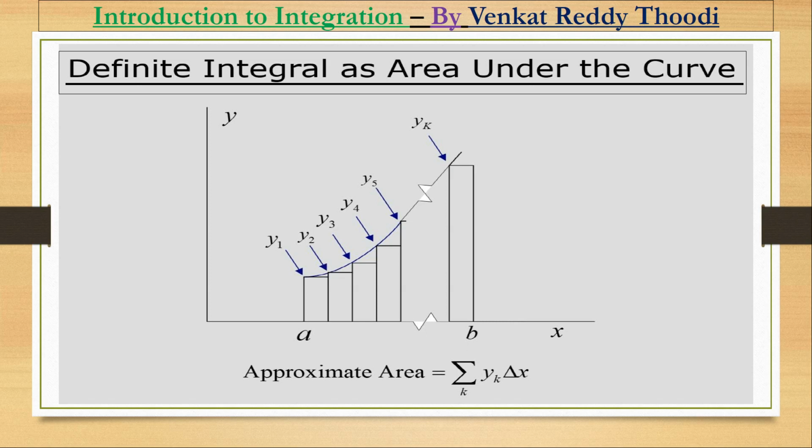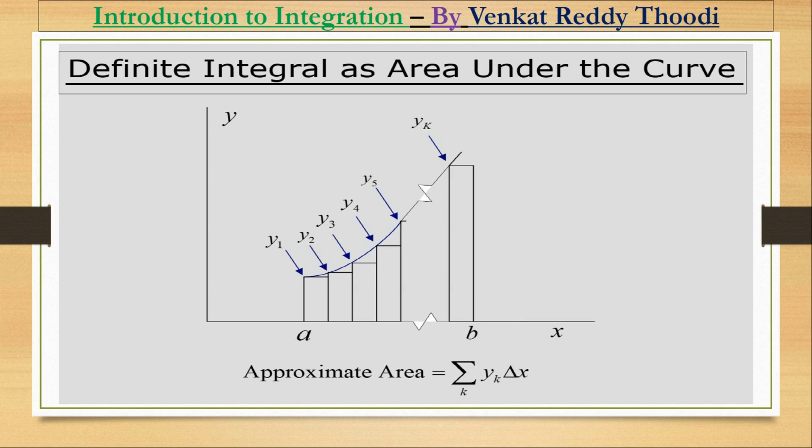When you project vertically, that height is represented by y1, the next by y2, the next by y3. As we go on, the curve has moved upwards, and due to that the height has increased.